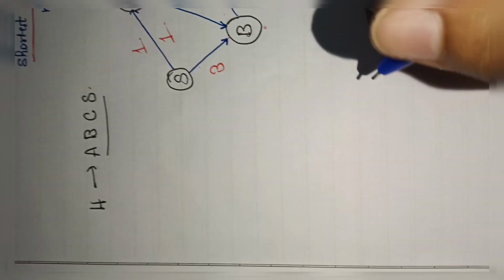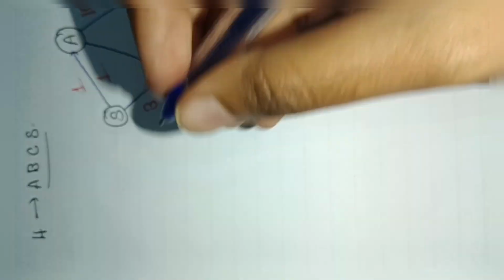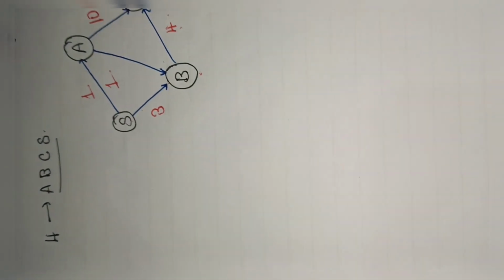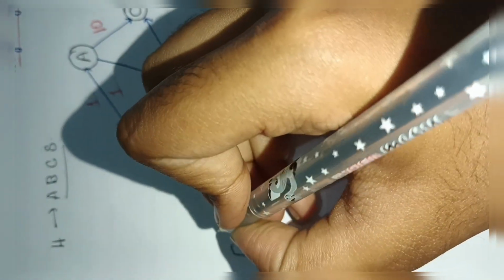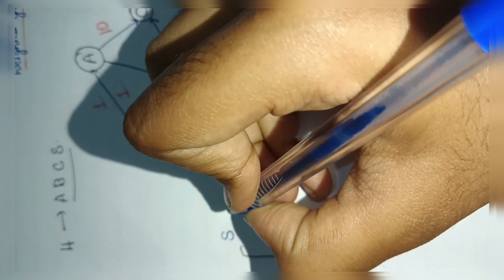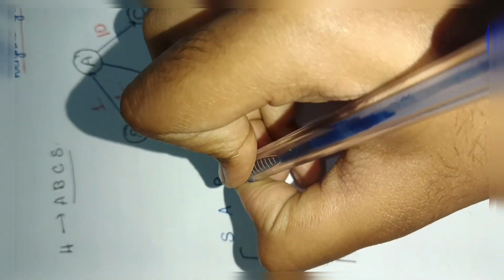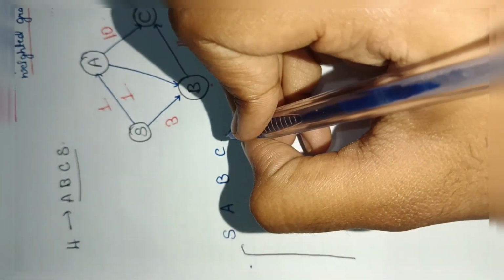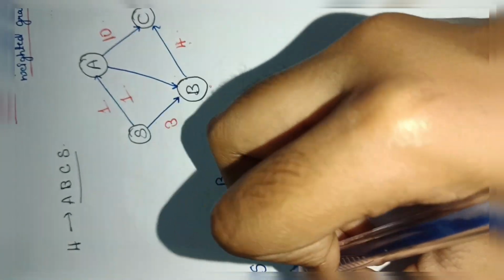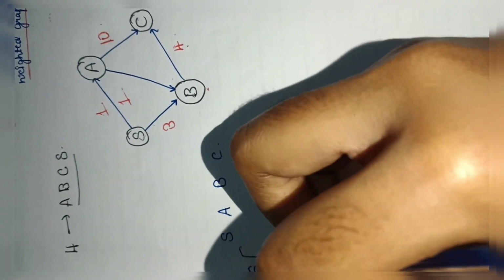So let's take its matrix and I'll explain how to draw it. There are four nodes, so S, A, B, C, right here row-wise and column-wise: S, A, B, C.